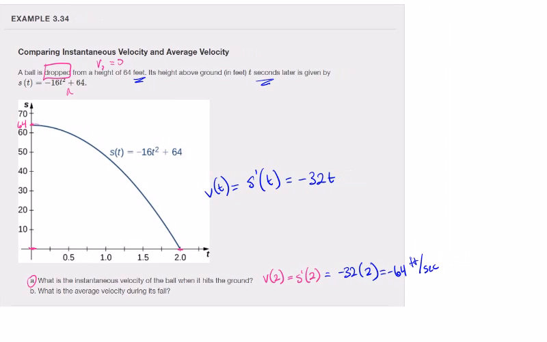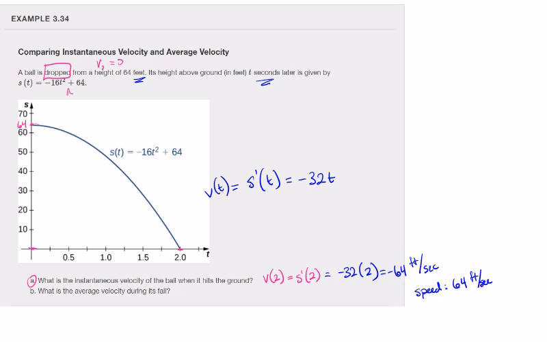Okay, so even though they're not asking this, if I asked you what the speed was, it would be positive 64, right? Because it's always the absolute value of velocity. So speed doesn't have a direction, but velocity does. This negative means we're heading down, and so that's why we have a negative velocity.